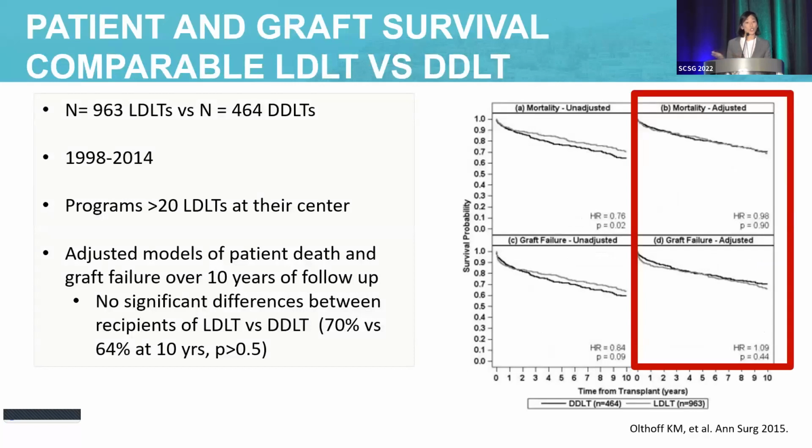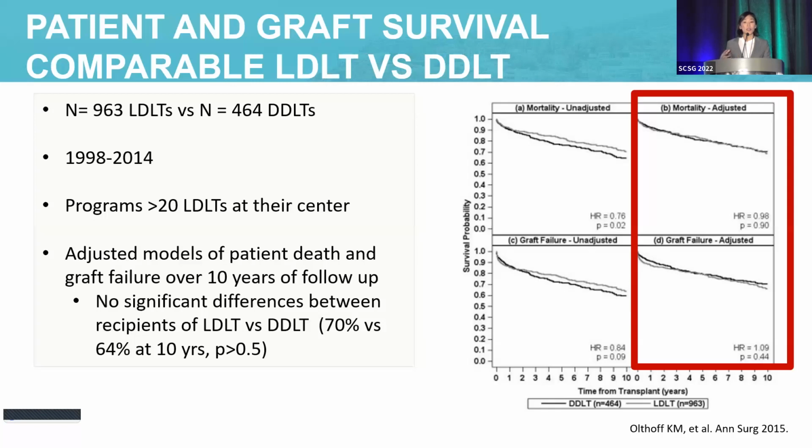When looking at long-term data, 10-year follow-up, and we've seen this in 20-year follow-up as well as on a global scale, patient and graft survival are comparable between LDLT and DDLT. This was a study by the A2ALL group, again looking at over 900 LDLT patients compared to 464 DDLT patients over a 10-year period, only including centers that had performed at least 20 LDLTs.